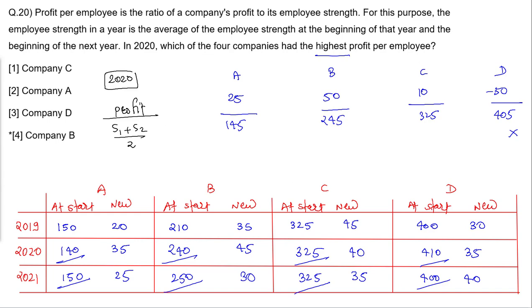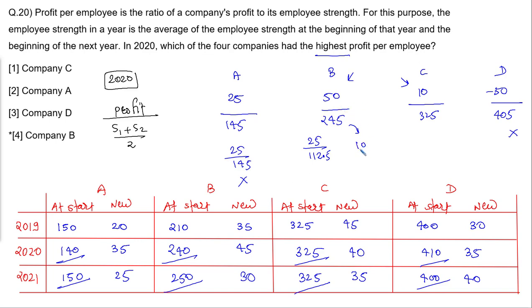You can see that this ratio is nothing but 25 divided by 112.5. This ratio is 25 divided by 145. So among these two, which one is highest? This is not. This is the highest. Now let's compare this one and this one. Let's divide numerator and denominator by 5 over here.